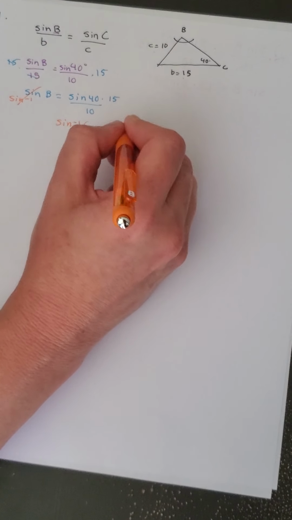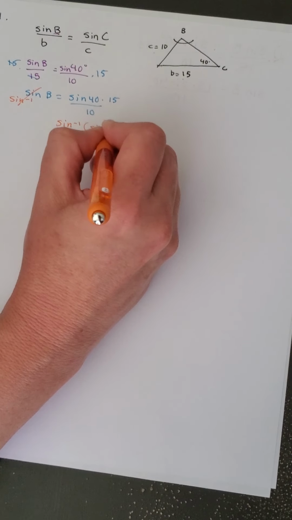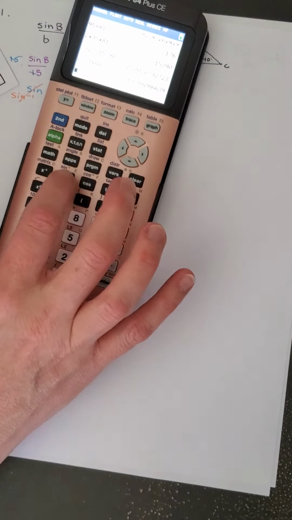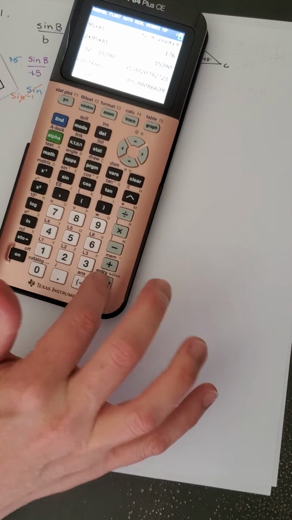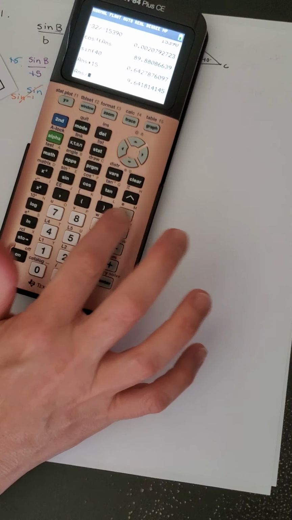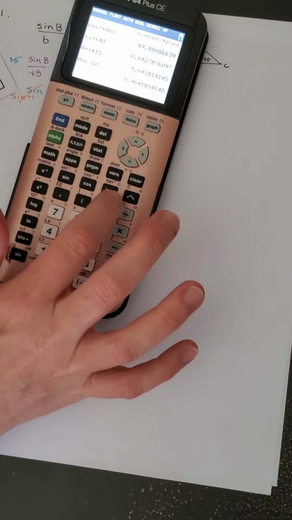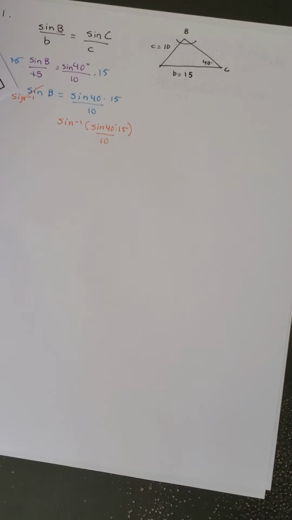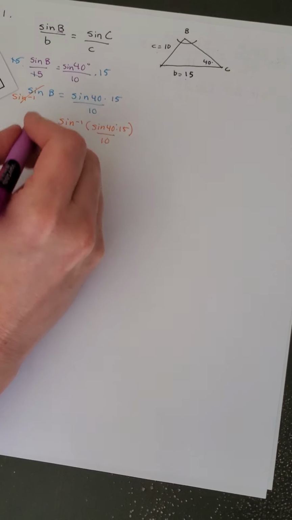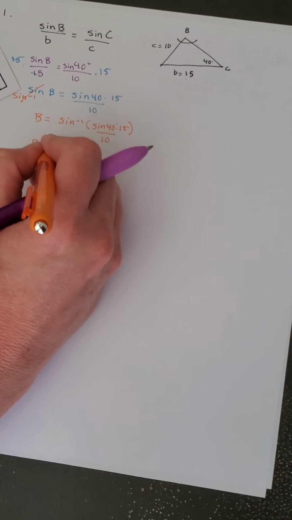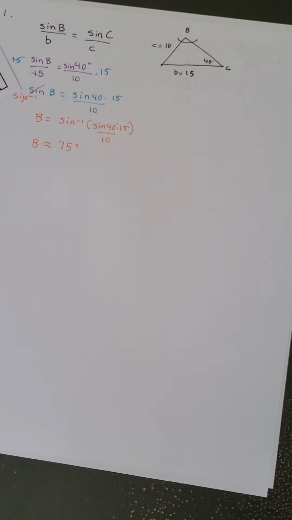In my calculator, I have sine 40 times 15 divided by 10, and then I'll sine inverse that answer, which is 74.6. So to the nearest degree, B is about 75 degrees.